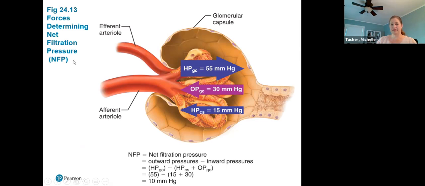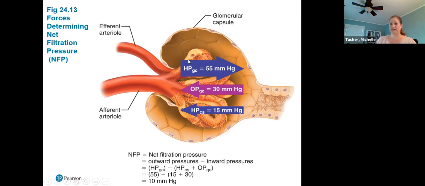So this, again, is an excellent graphic with the numbers that you need to know. The only thing I guess I would change is that normally these are represented as negative pressures because they are in the opposite direction to hydrostatic. So hydrostatic pressure is a positive 55 millimeters of mercury.